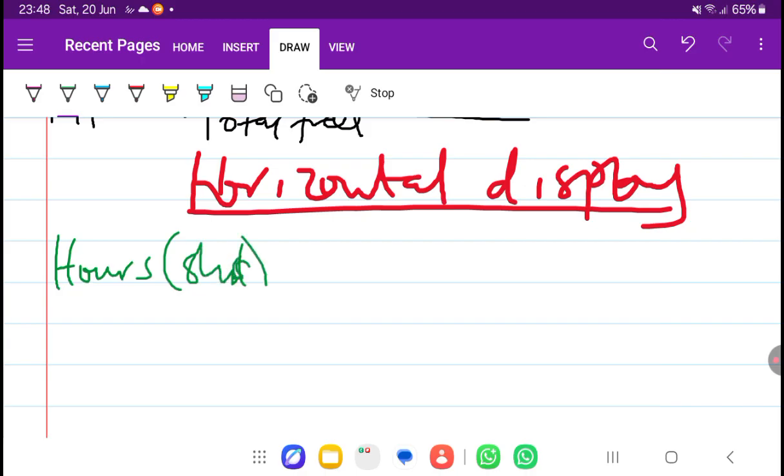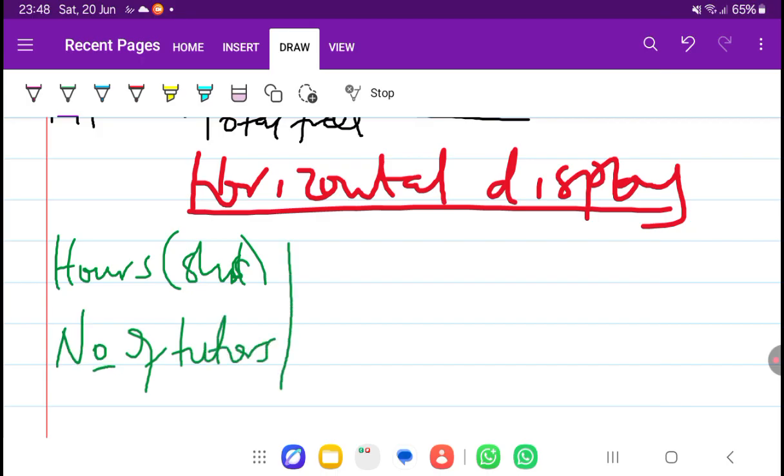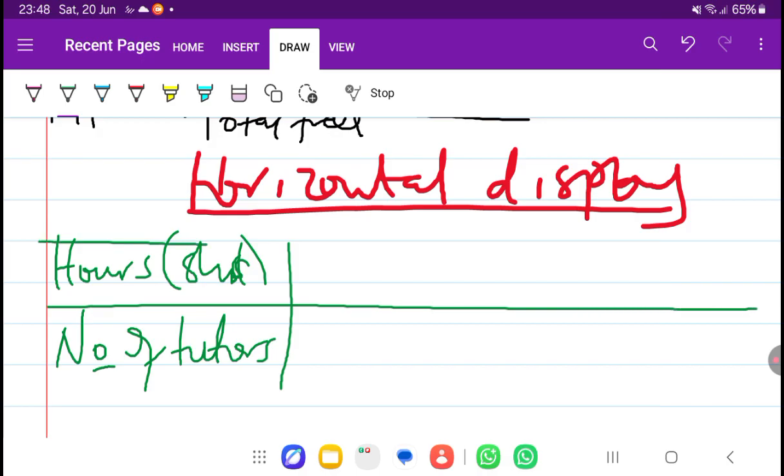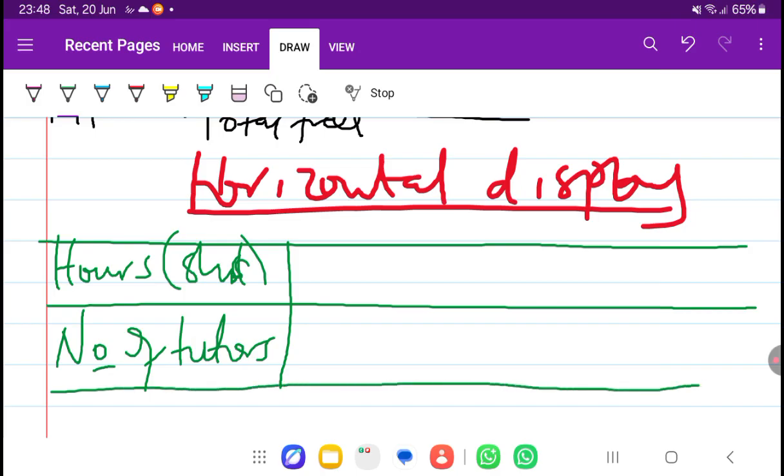Let's write it like that. Then we have the number of frequency, or we can call it number of tutors, if let's say we are looking at tutors who are teaching on an hourly basis. So this is the horizontal.